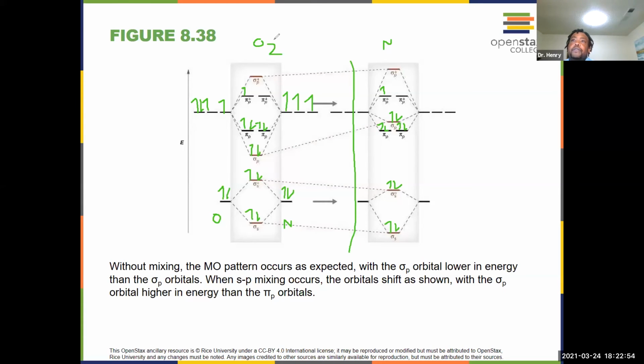So let me show you the whole thing with the O2, because this is the meat and potatoes. In the case where we have oxygen and oxygen, and we're forming O2, and then we'll do the same thing with nitrogen over here.